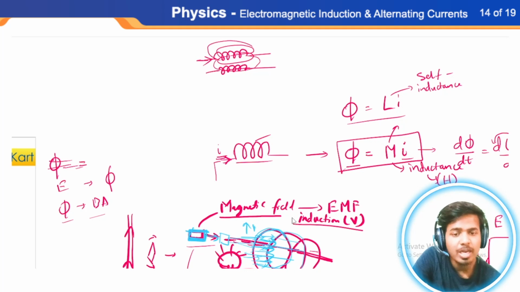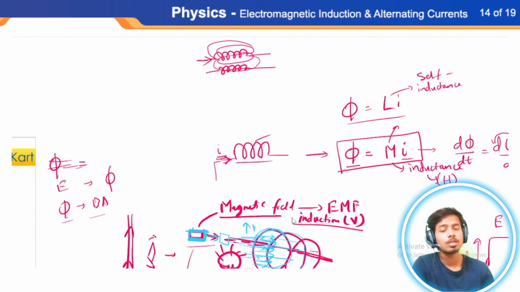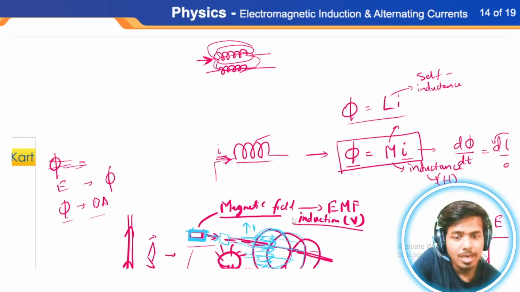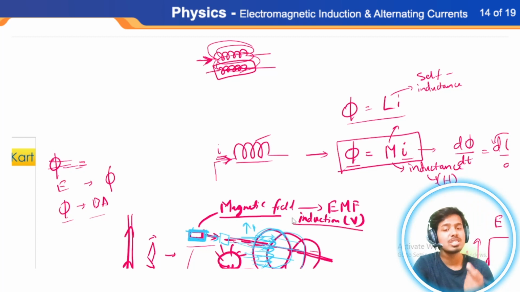So it will also create a magnetic field which is passing through the second solenoid, which is unconnected but in close proximity. Now if I increase the current in this, the magnetic flux passing through the other will also change, and because of that another EMF will be generated inside it.